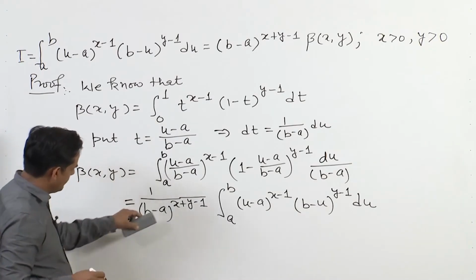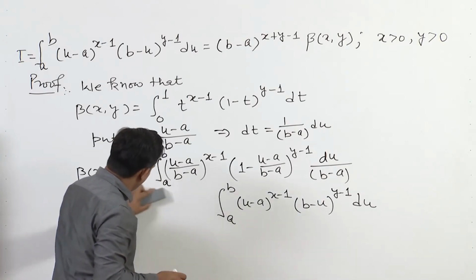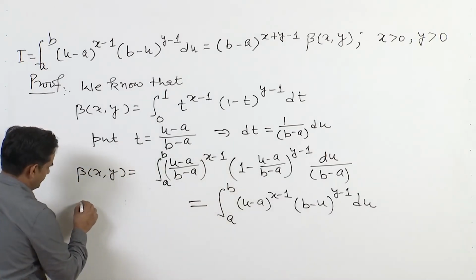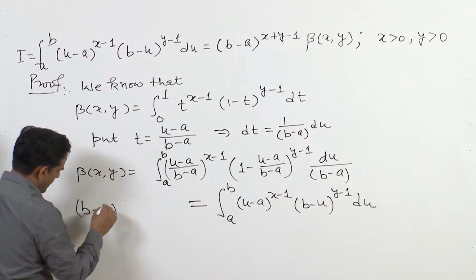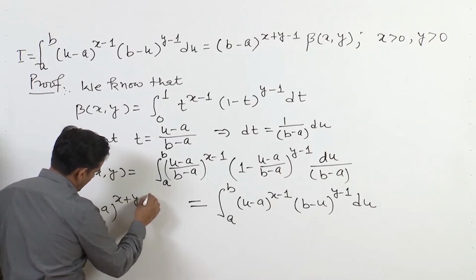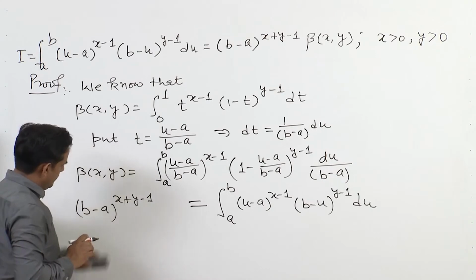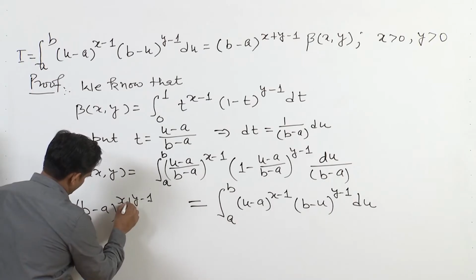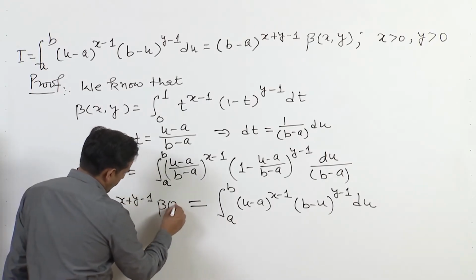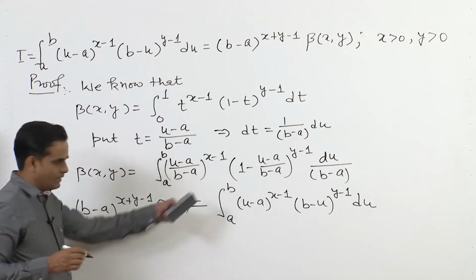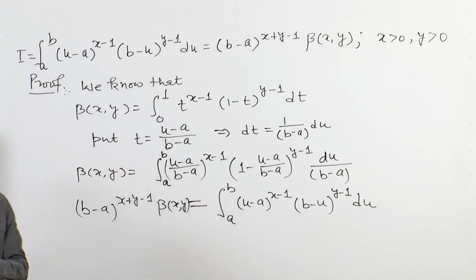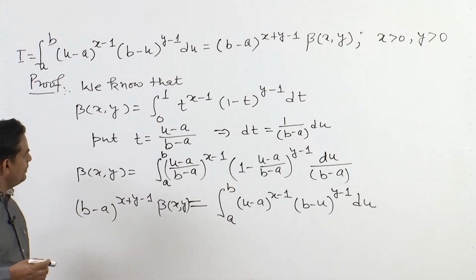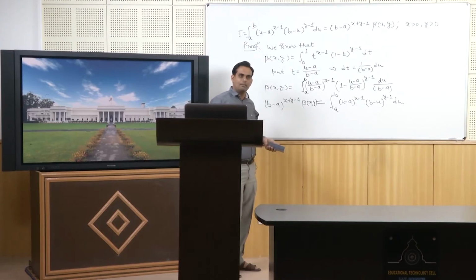If I take this constant term to the other side, I have this equals (b minus a) raised to power x plus y minus 1 into beta of x y, and this is the relation we needed to show. So this is the proof of this particular example.